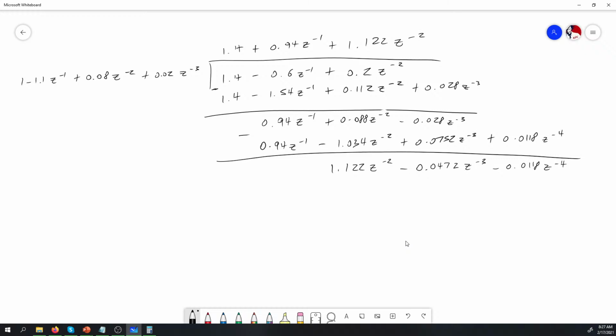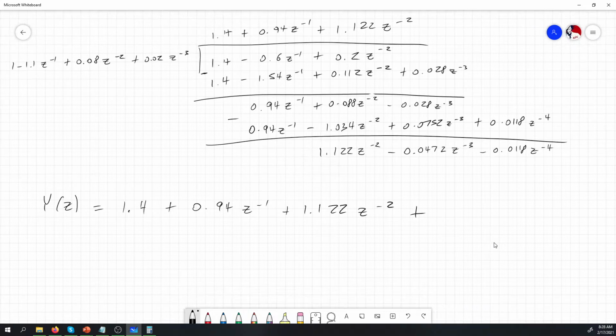If we need to write this out back into the y of z equation, because we did long division, this here is going to be y of z. We put our quotient as is, which is 1.4 plus 0.94 z to the minus 1 plus 1.122 z to the minus 2, plus our remainder, which needs to be divided by our original denominator.